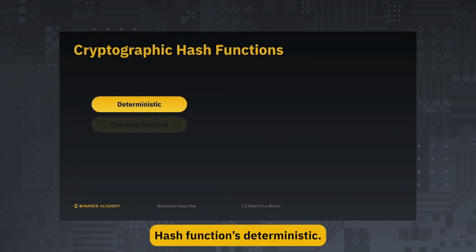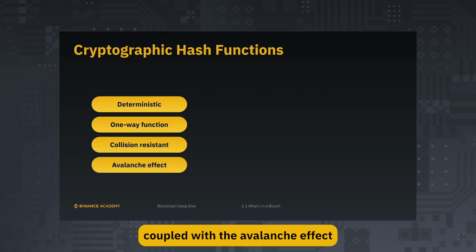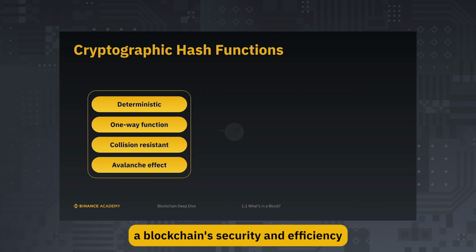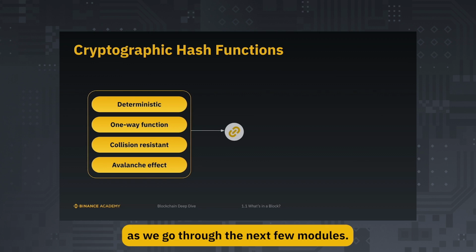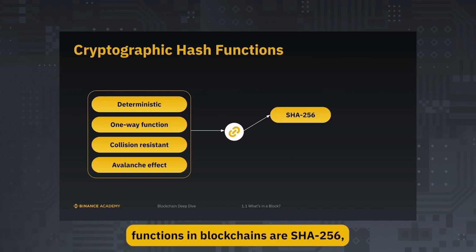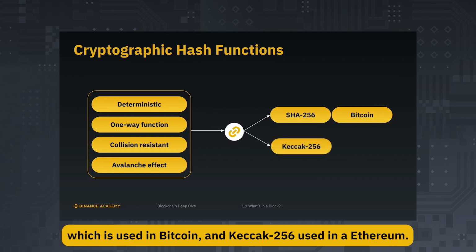Hash functions' deterministic, one-way, collision-resistant nature, coupled with the avalanche effect, underpin blockchain technology. You'll see how hashing works brilliantly to ensure a blockchain's security and efficiency as we go through the next few modules. The most commonly used cryptographic hash functions in blockchains are SHA-256, which is used in Bitcoin, and Keccak-256 used in Ethereum.